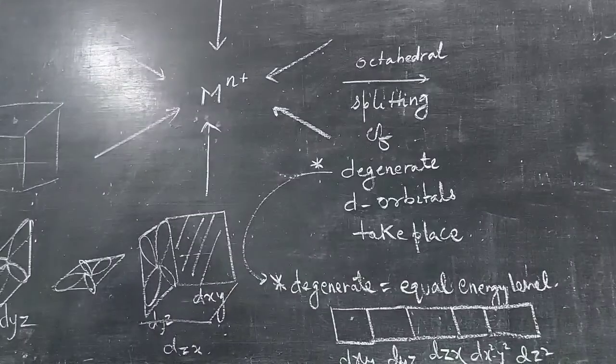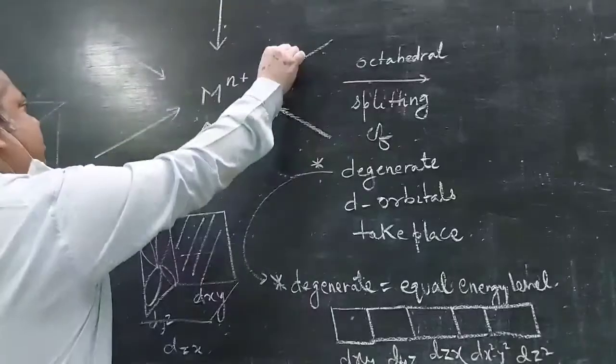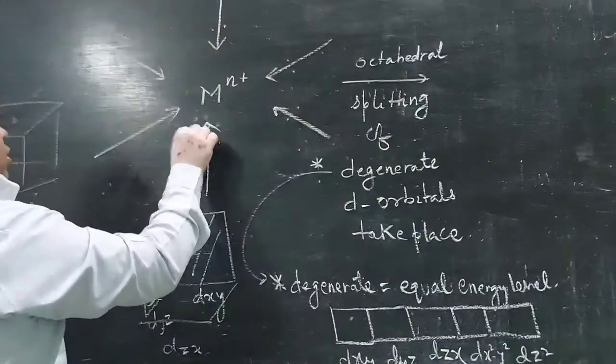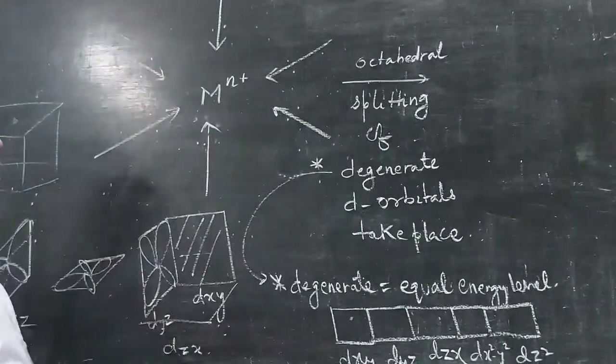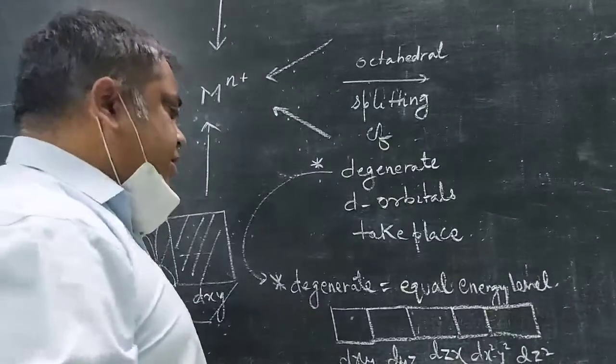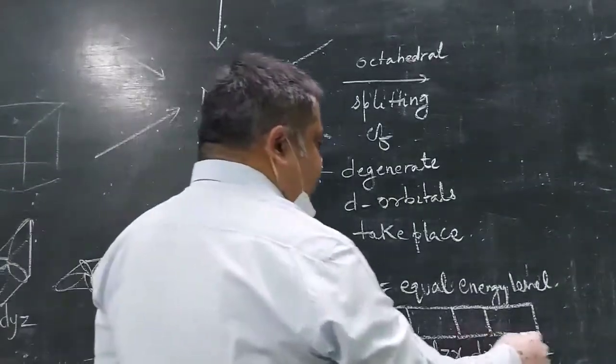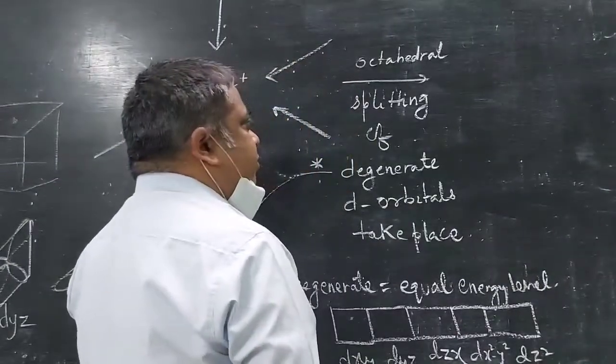Now what happens? When the ligands come from directions octahedrally, then octahedral splitting takes place such that these 2 orbitals go to higher energy level.